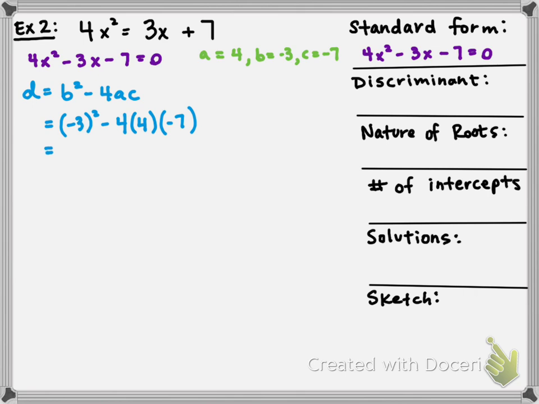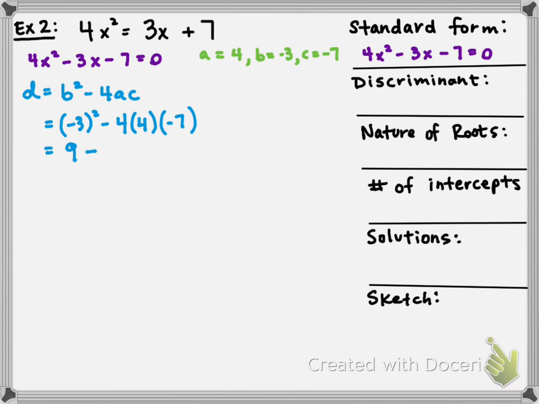Well, a negative number squared is positive, so I know that this is 9. Negative 4 times 4 is 16. 16 times negative 7 may be negative, question mark. We got it.